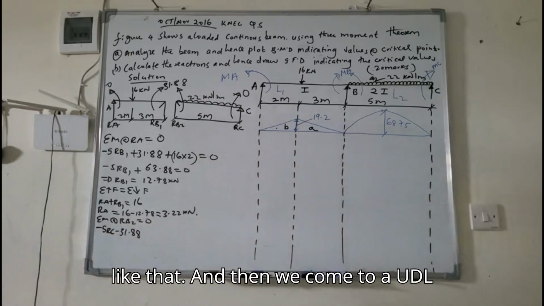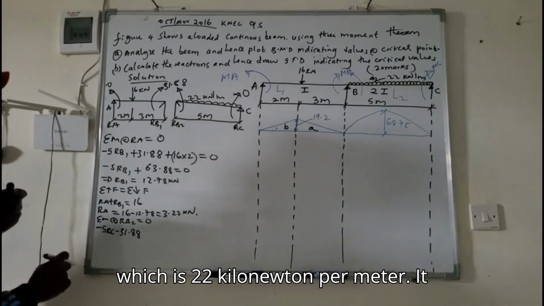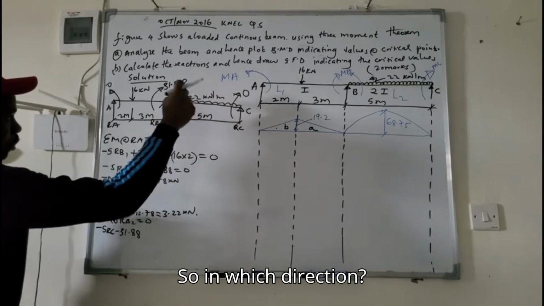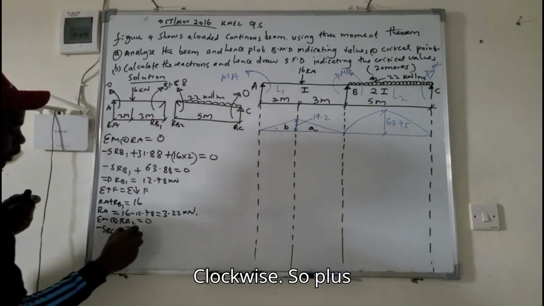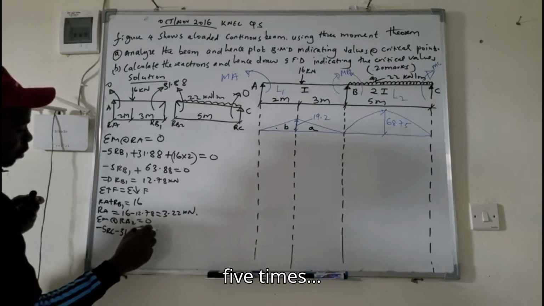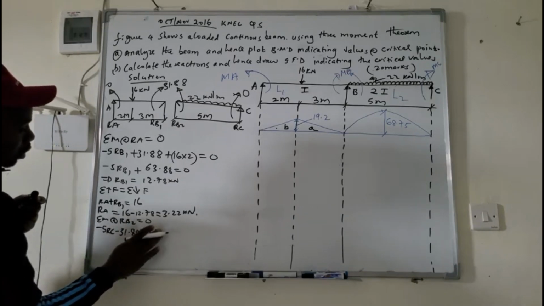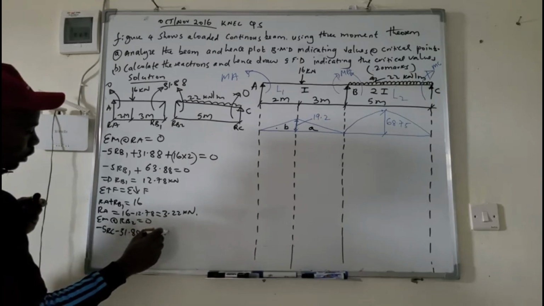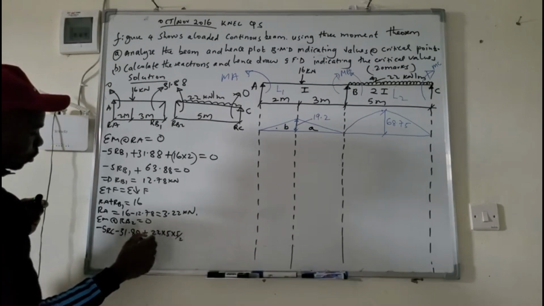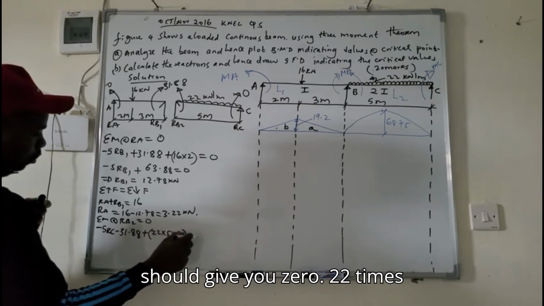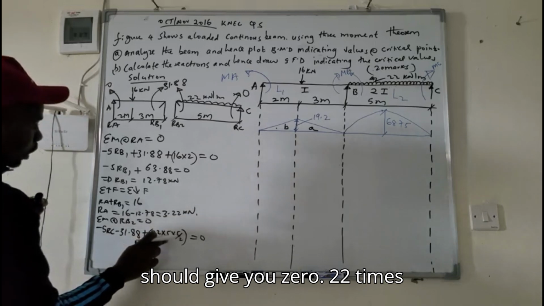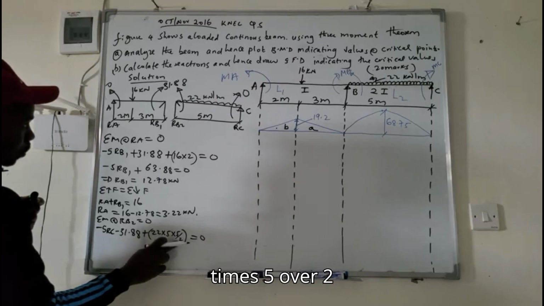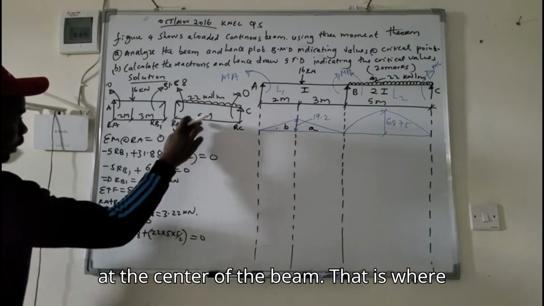And then we come to a UDL, which is 22 kilonewton per meter. It starts from here and it ends here. So in which direction? Clockwise. So plus 22 times 5 times 5 over 2 should give you 0. 22 times 5 you will change to a UDL, and then times 5 over 2 at the center of the beam.